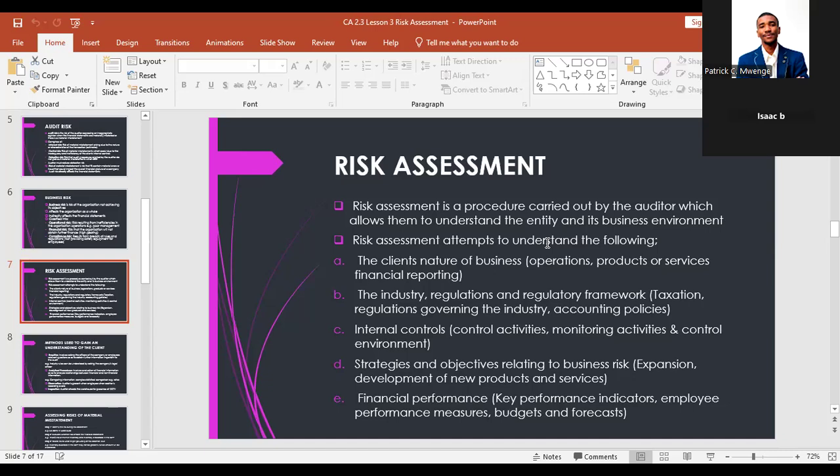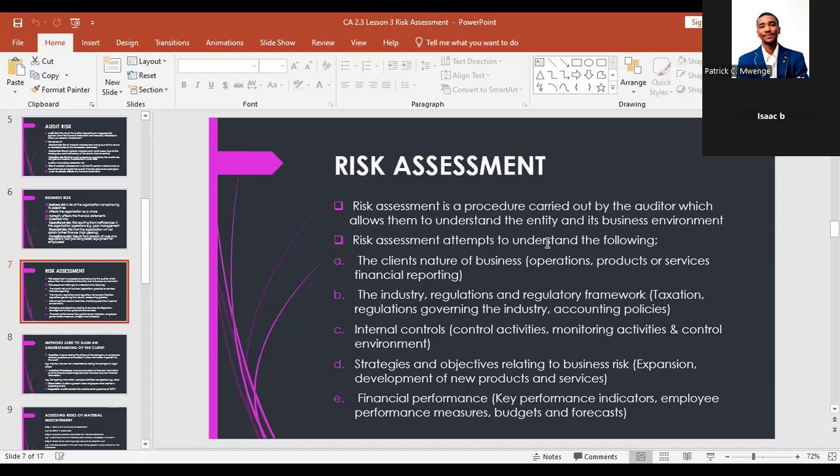Then we need to understand the strategies that that company is using in order to achieve those objectives. And when we understand that, then we can use that information to channel focus of the audit towards areas that may affect the achievement of those objectives and strategies, right?